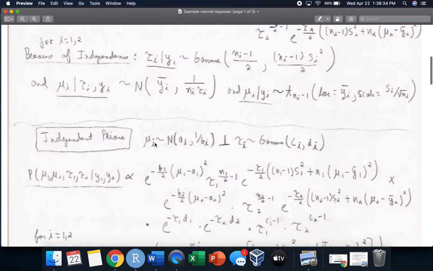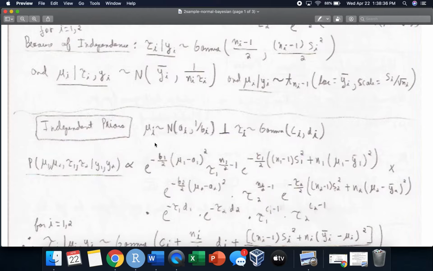Now, for independent priors, it's a little bit different, but this is what we typically see in practice. For proper priors, we say that mu follows a normal given a mean and 1 over b variance, and that's independent from the tau prior, which follows a gamma, c and d rate and scale.